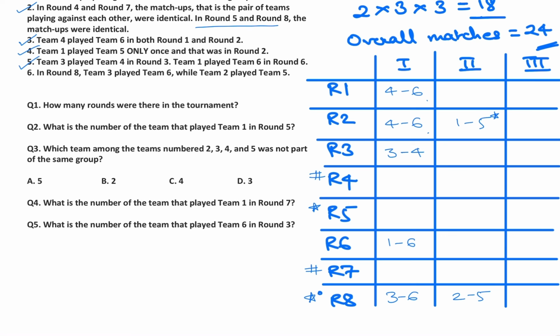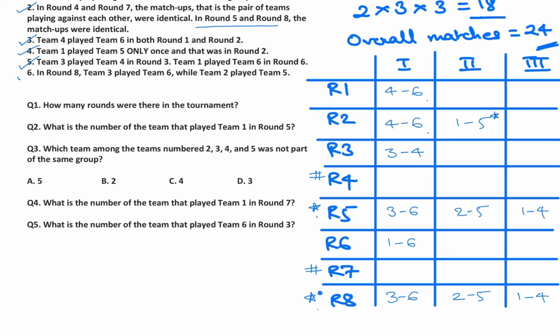So 3-6 is done, 2-5 is done. I'm left with 1-4. So I can write that 1 and 4 play the third match in round number 8. I know the pair ups are identical in round 5 and round 8, so this will be the same here as well: 2-5 and 1-4.